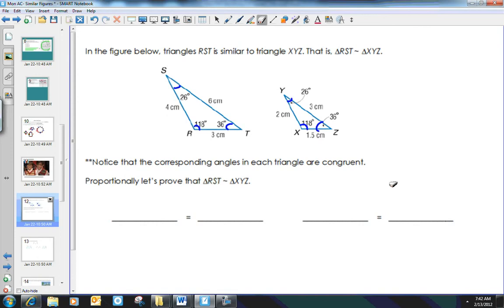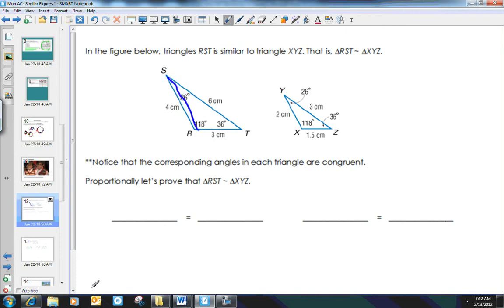If we didn't know what our angle measurements were and all they gave us were side lengths, we would be able to prove proportionally that these two triangles are similar. So what we could do, let's say we have side SR here. Let me draw that a little straighter if I can. You know my issues with these things.